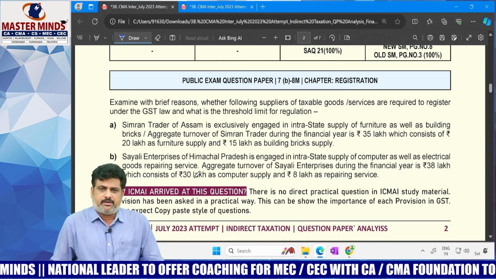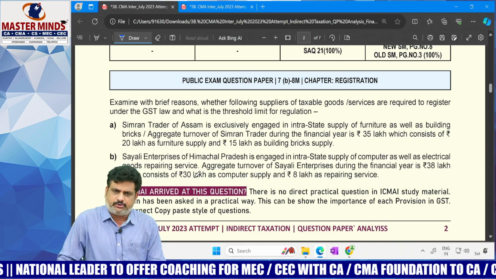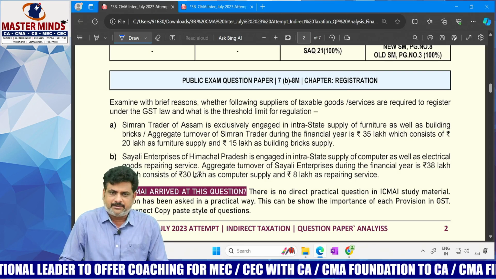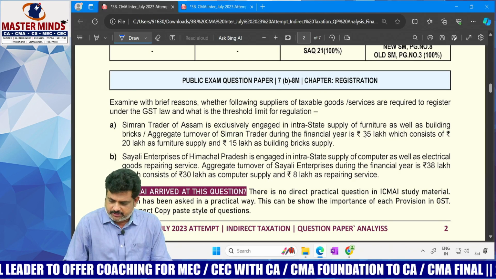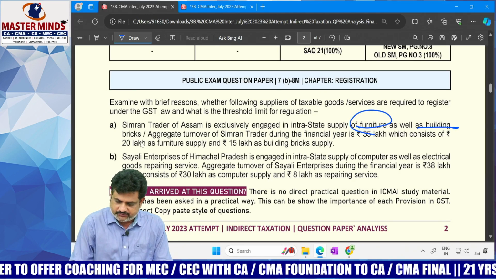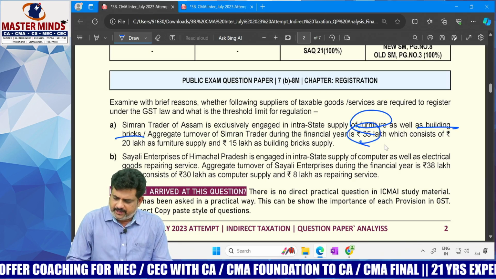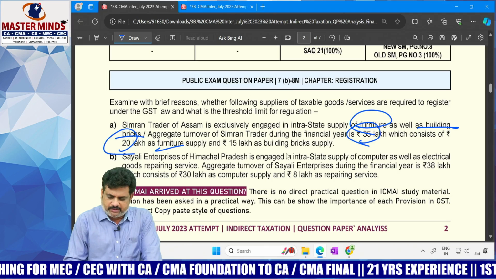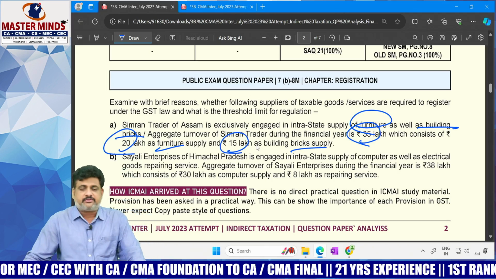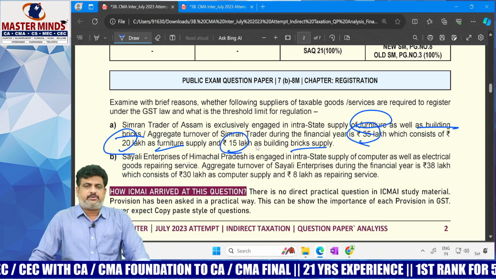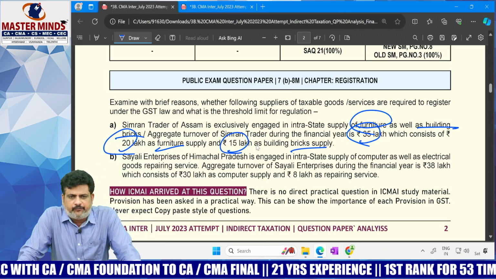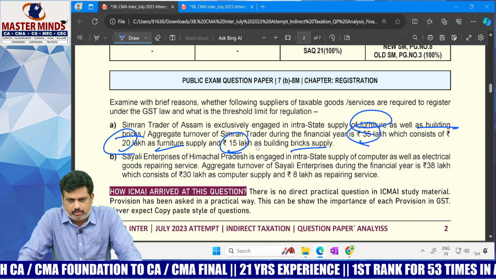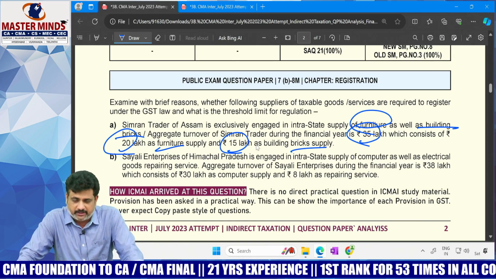See, Simran, trader of Assam, exclusively engaged in intrastate supply of furniture as well as building bricks, and the aggregate turnover of furniture is 20 lakhs, whereas building bricks is 50 lakhs. Generally, with respect to Assam, if you are an exclusive supplier of goods, the registration limit will be 40 lakhs.